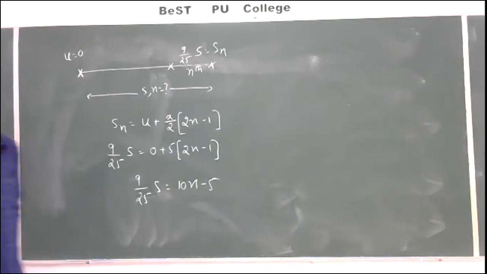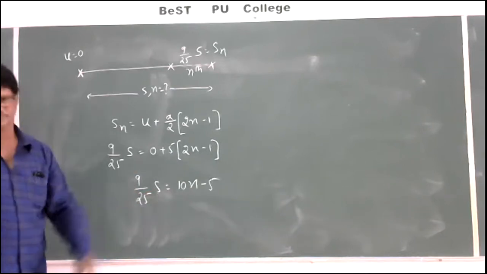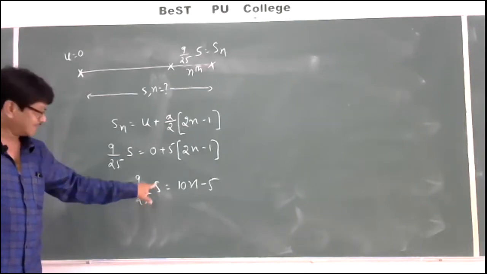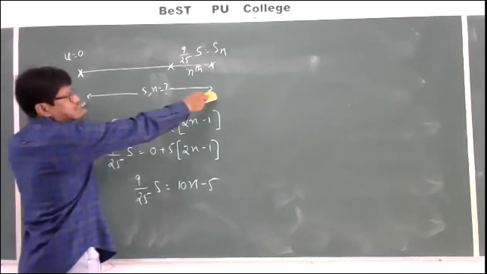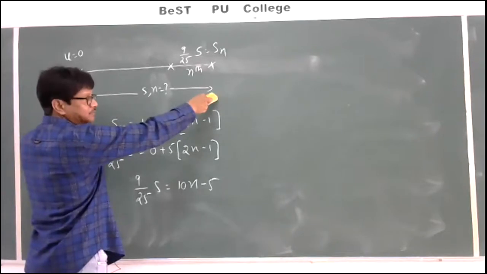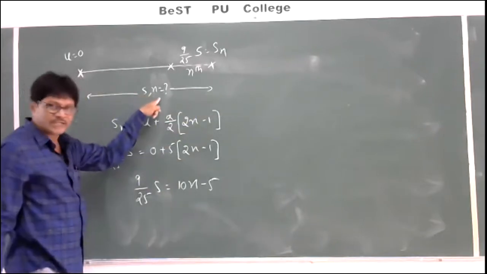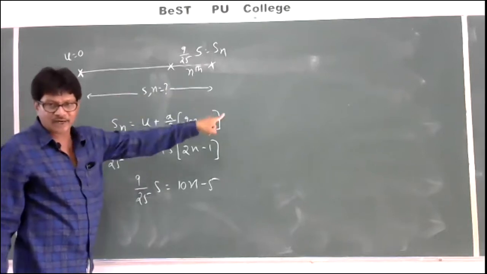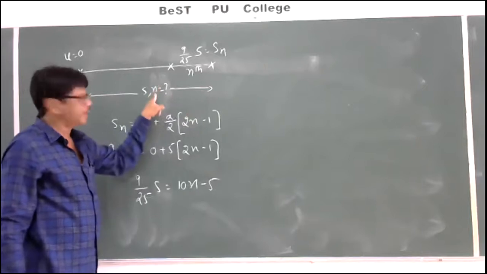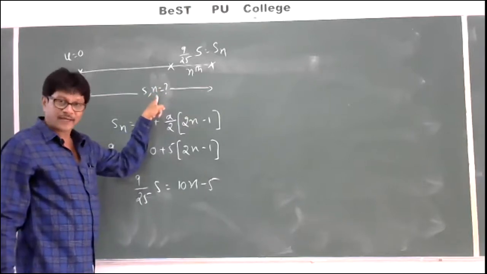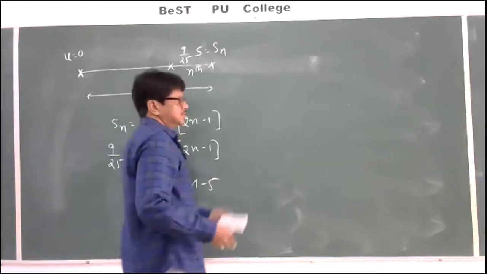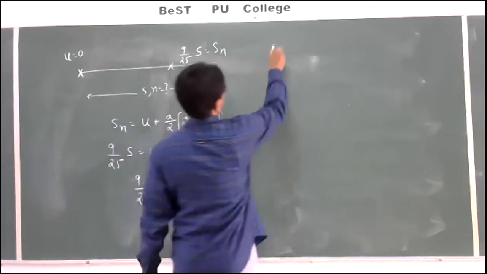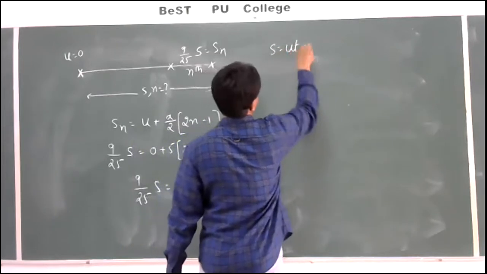What is the S value here? What do you mean by S? S is the total distance traveled in a total time of n seconds. Total distance in a total time, which formula will we approach? S is equal to ut plus half at square.